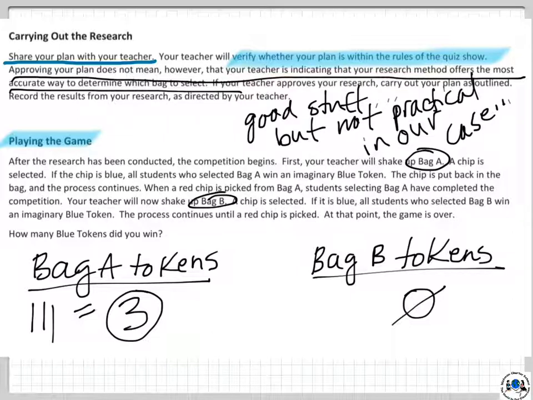So if you did pick bag A and you chose that 50-50 chance, you did well. You won yourself 3 tokens. You can cash those in when I see you next. Bag B people, no tokens. Maybe you took a chance.